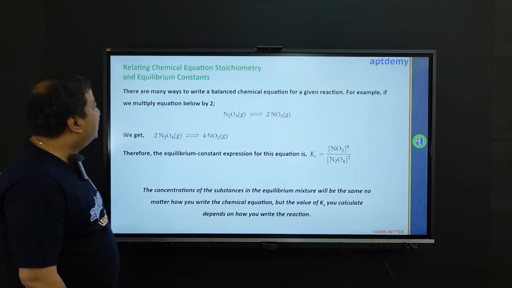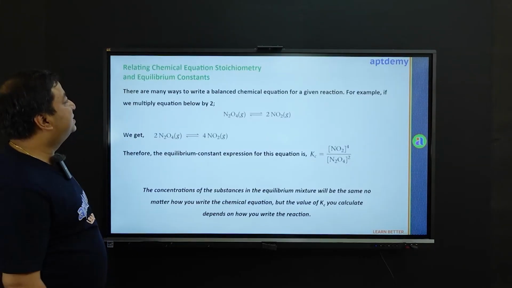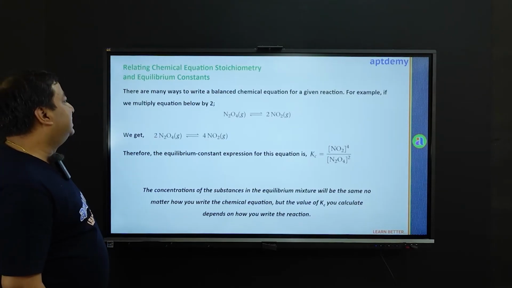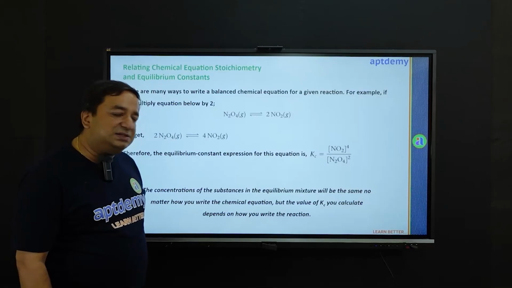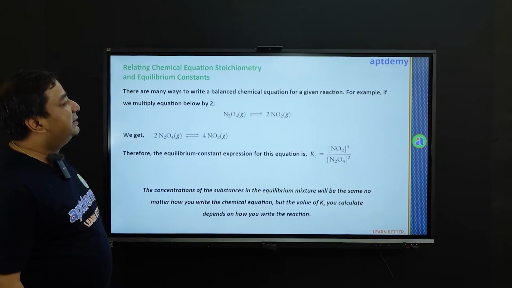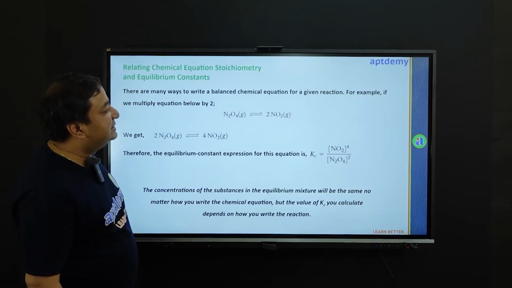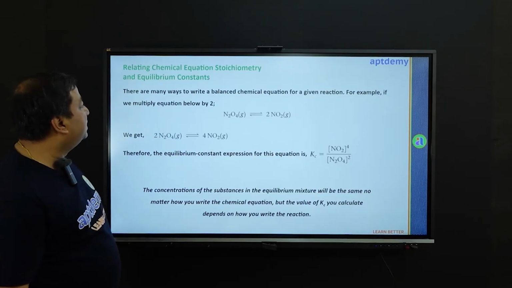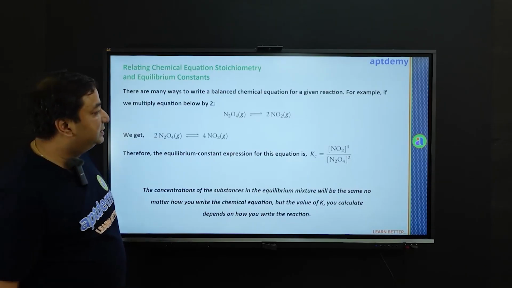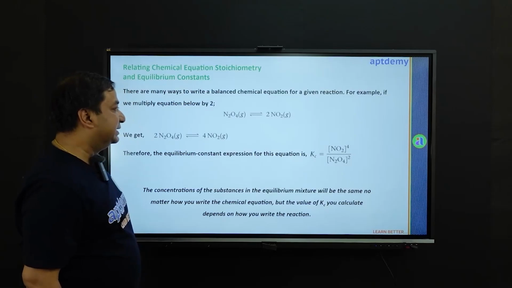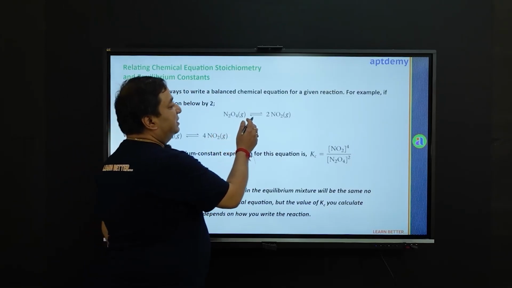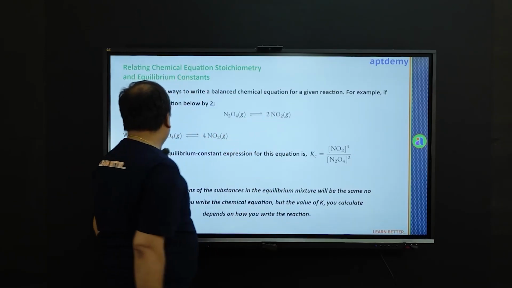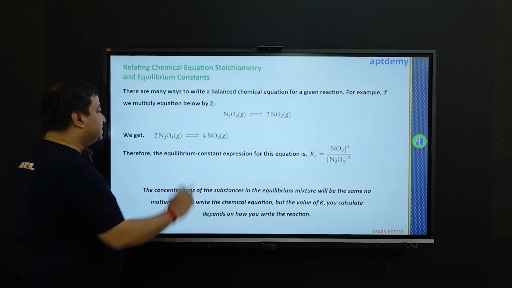Now, relating chemical equation stoichiometry and equilibrium constants. There are many ways to write a balanced equation for a given reaction. For example, take the equation N2O4 gas going to 2NO2 gas. Suppose we multiply this equation by 2.